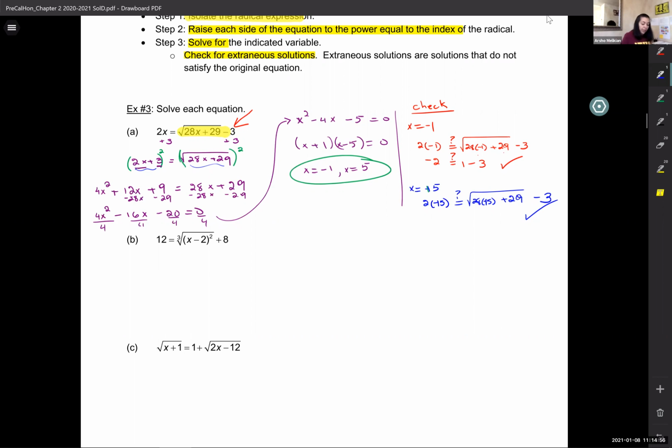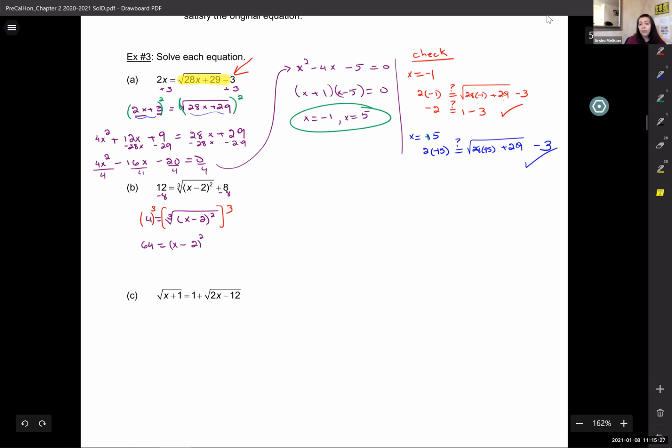Yeah. Okay. This next one, again, isolate the radical. So 4 equals cube root of x minus 2 squared. Now I have a cube root. So I'm going to raise everything to the power of 3. 64 equals x minus 2 squared.